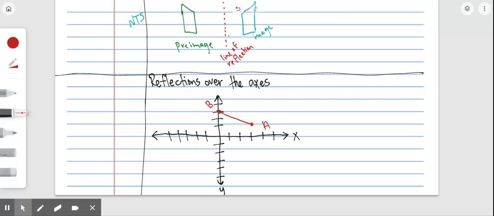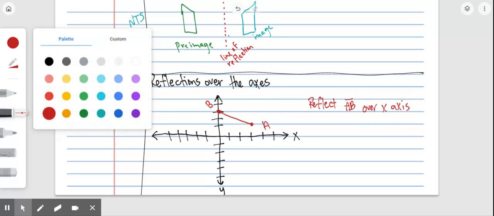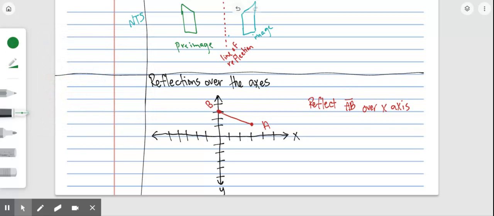The first thing I'm going to do is reflect line segment AB over the x-axis. That means that the x-axis becomes my line of reflection. I'll dot the x-axis with this green to show that it's the line of reflection.